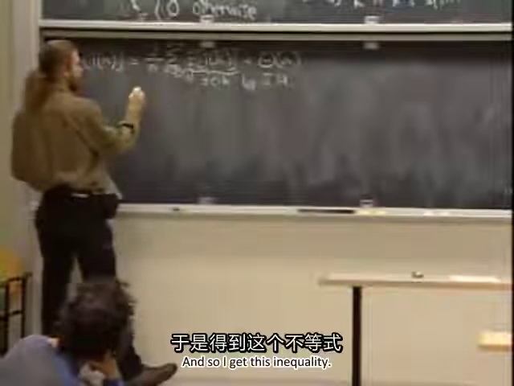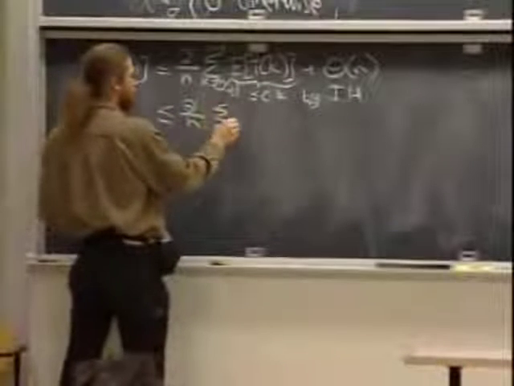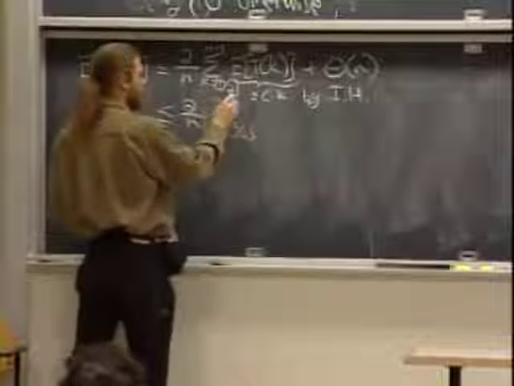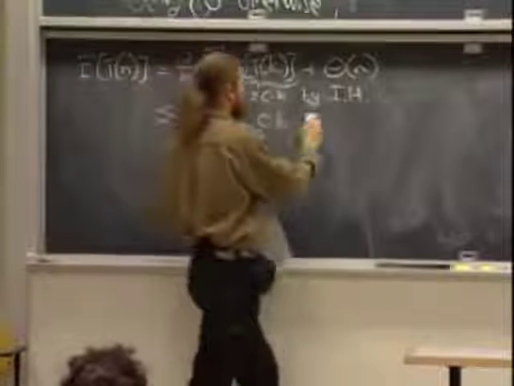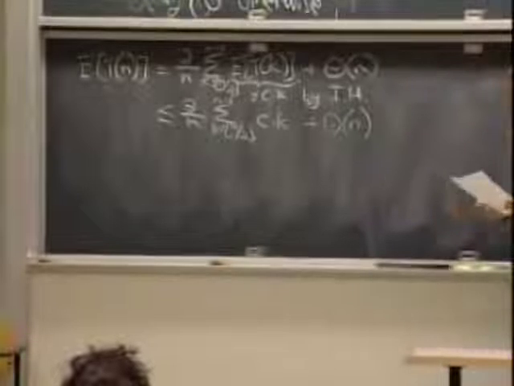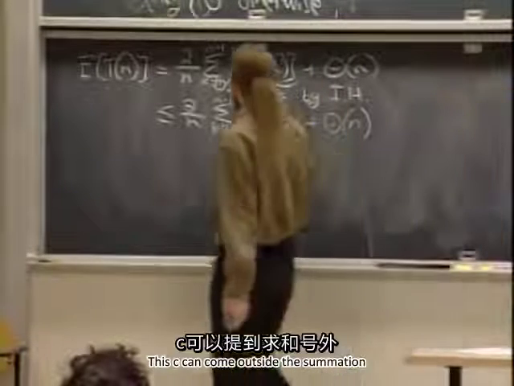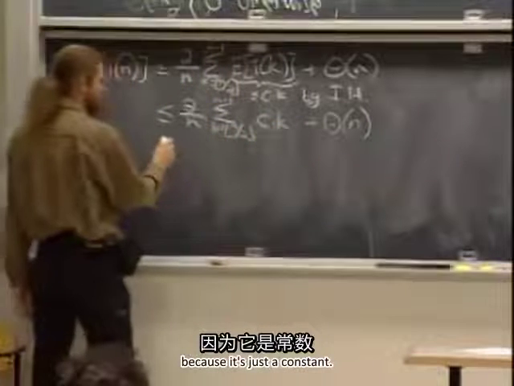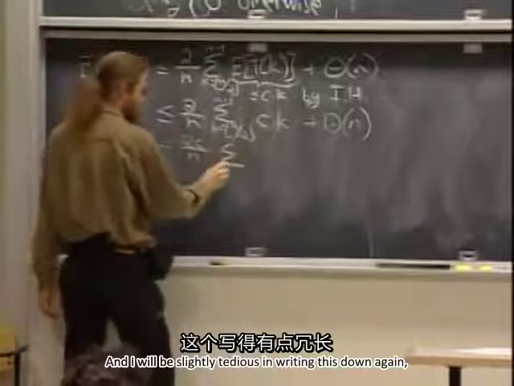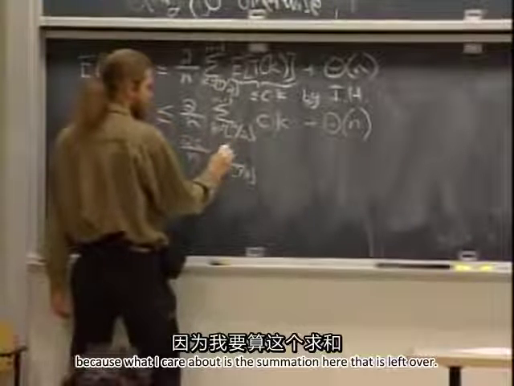And so I get this inequality. This c can come outside the summation because it's just a constant. And I'm going to be slightly tedious in writing this down again, because what I care about is the summation here that's left over.